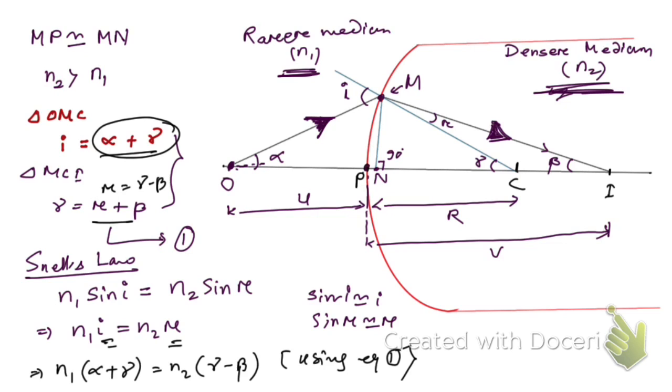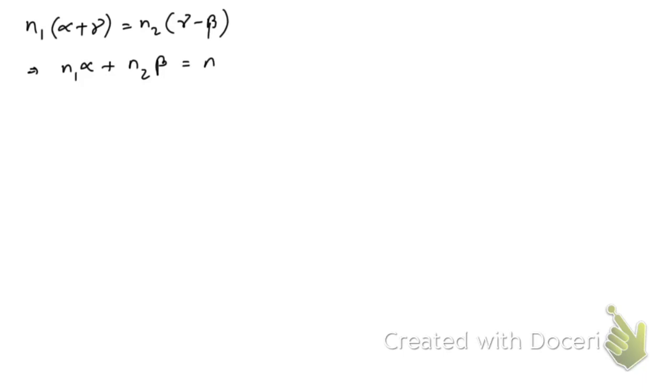Now let me copy this last step and go to a new slide. If we simplify this, we get n1 alpha plus n2 beta is equal to n2 minus n1 times gamma. How did I get this? First let me open these two brackets: n1 alpha plus n1 gamma on one side, and on the other side n2 gamma minus n2 beta.